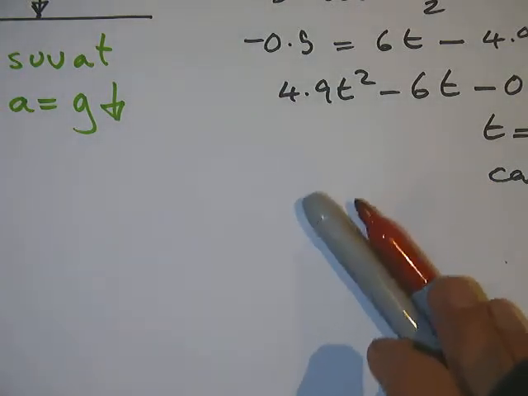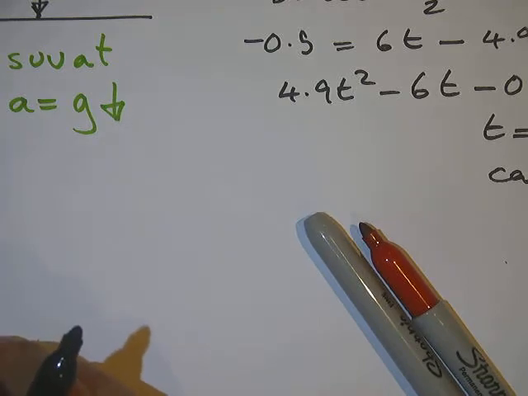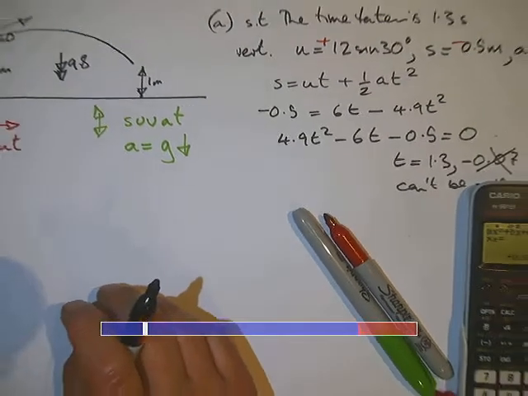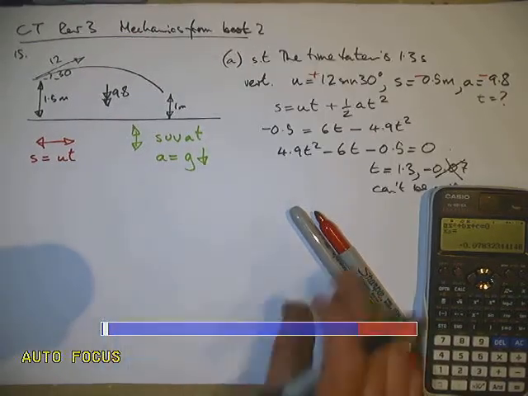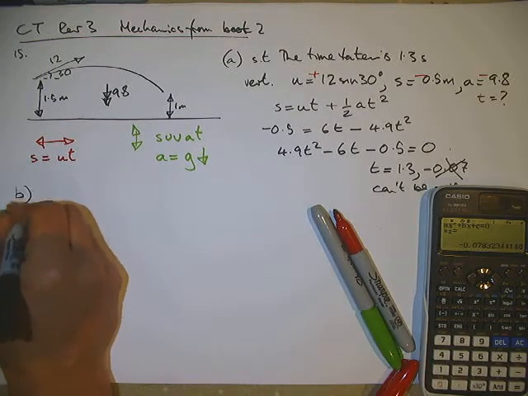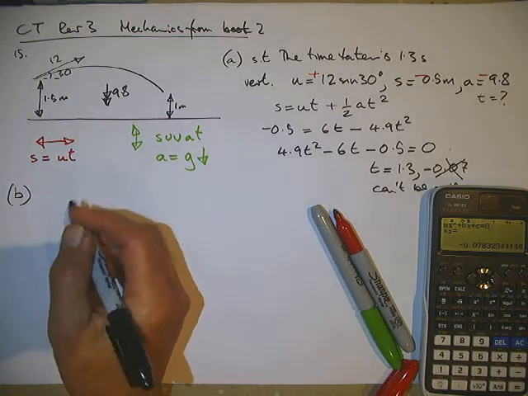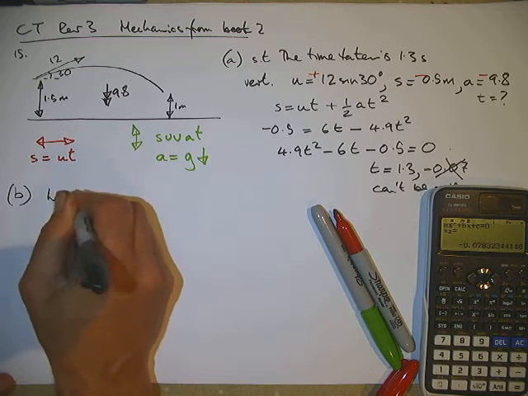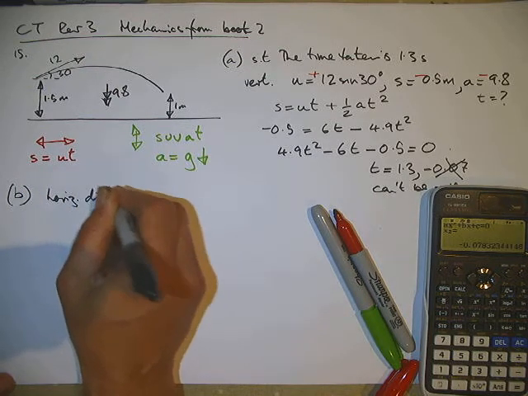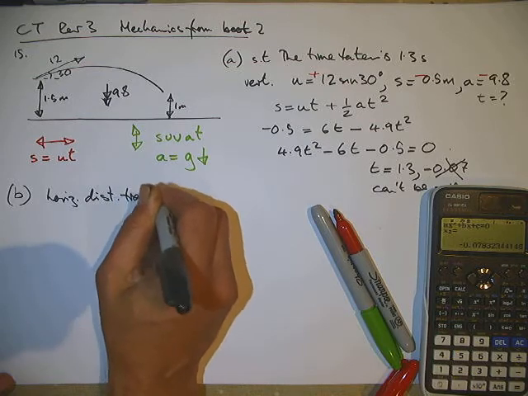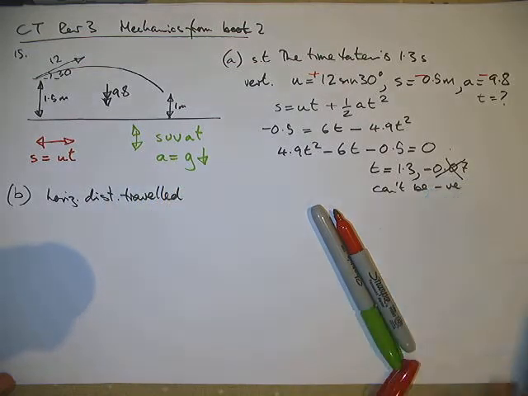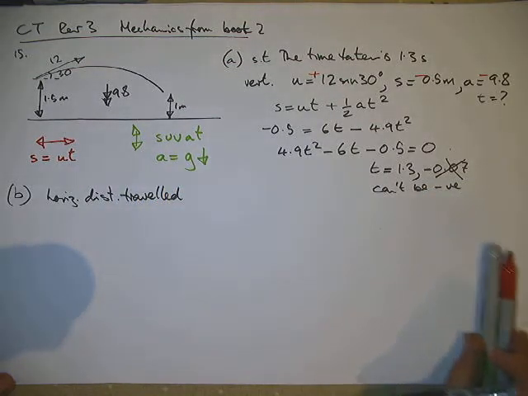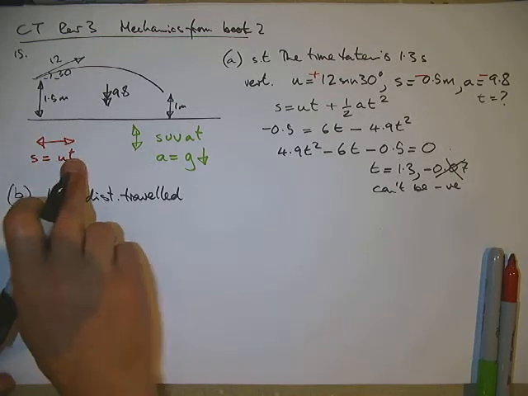Part B of the question. Find the horizontal distance travelled. Well, the one thing we know about the horizontal motion is S is always equal to UT.